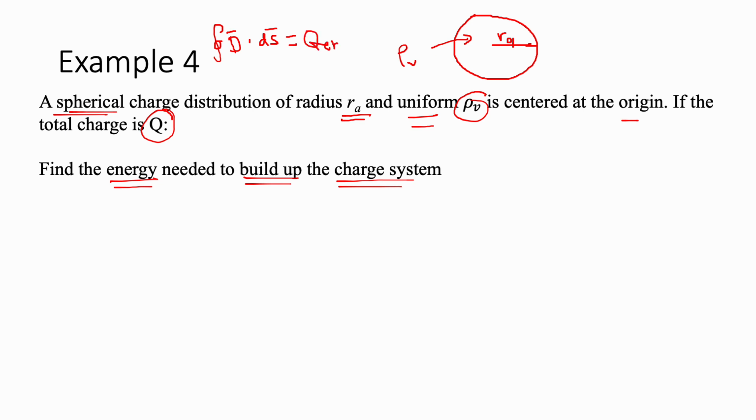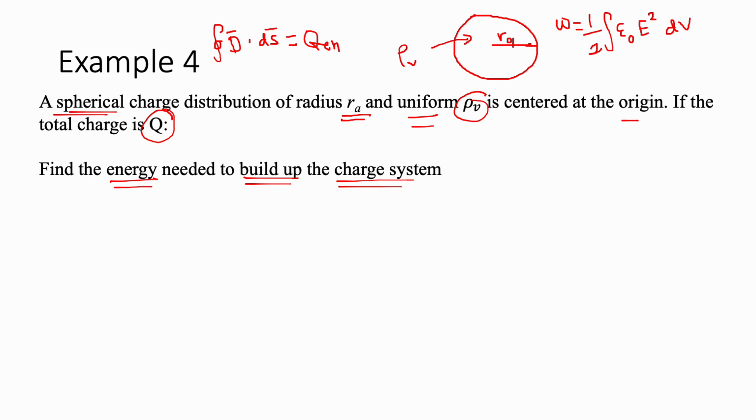So I think the most preferable equation that we can use is this equation here. Don't forget to write the half in front: half integration of epsilon naught E squared dV. So now let's use this one.